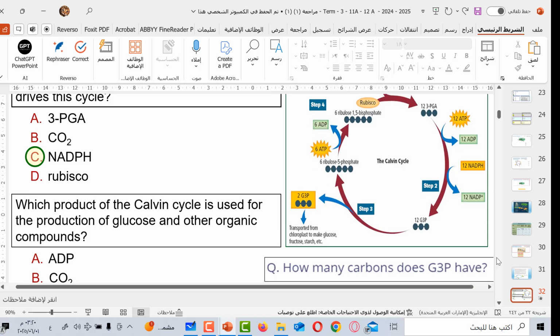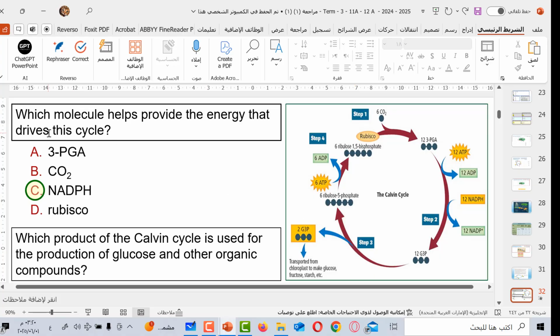Let's see some questions. This is one of the questions. He asked here which molecule provides the energy that drives the cycle. It's NADPH.